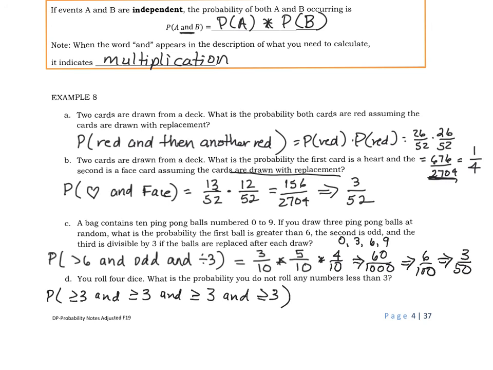Well, that would be 3, 4, 5, and 6. So that's going to be 4 out of 6 times 4 out of 6 times 4 out of 6 times 4 out of 6. You could write that as 4 out of 6 to the 4th power, right? Either way, that will give us 256 over 1,296, and that reduces to 16 over 81.